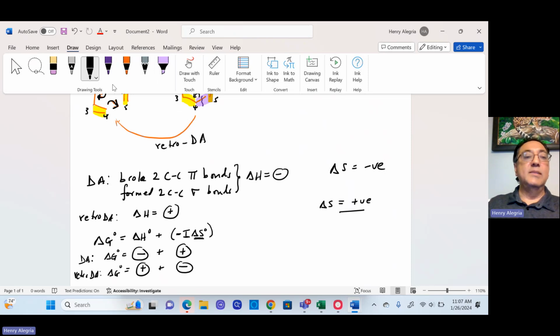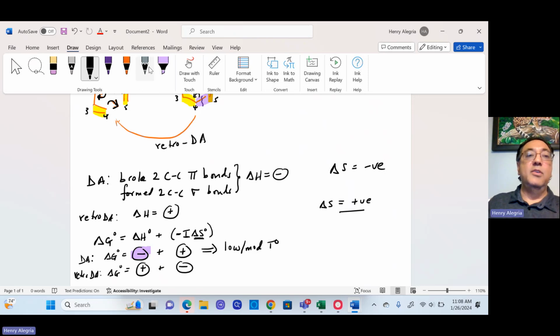So if I want my delta G to be negative in a Diels-Alder, I would want the enthalpy term to be bigger than the entropy term because that's the one that is negative. And the enthalpy term is favored at low to moderate temperatures. So a Diels-Alder reaction is favored by low to moderate temperature.